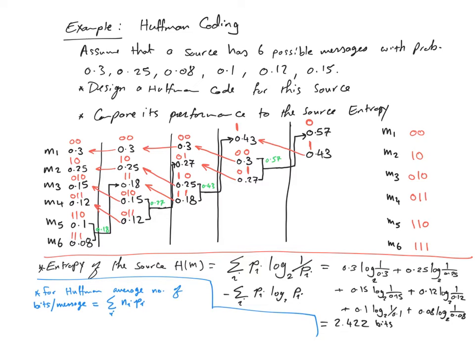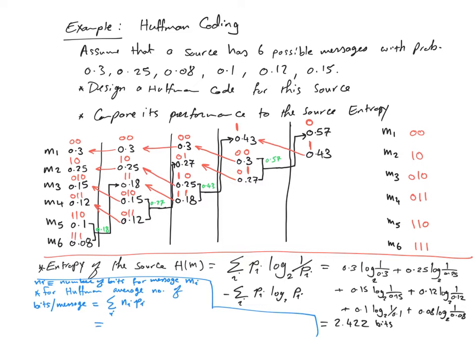What's Ni? Ni, by definition, is the number of bits for message Mi, for message number i. So N1 is the number of bits in the first message, N2 the number of bits in the second message, and so on.